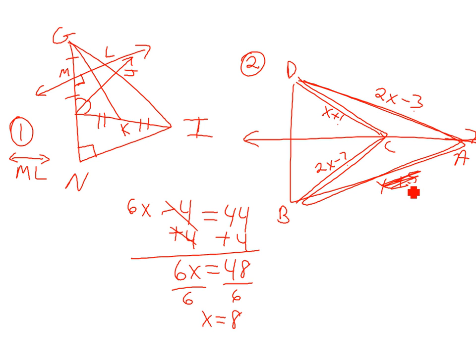So how long is this side over here that was x plus 5? 8 plus 5 is 13. 2 times 8? 16 minus 3? 13. What do you know about those two segments then? They were congruent to each other. 8 plus 1? 9. 2 times 8? 16 minus 7? 9. What do you know about those two segments? They're congruent.